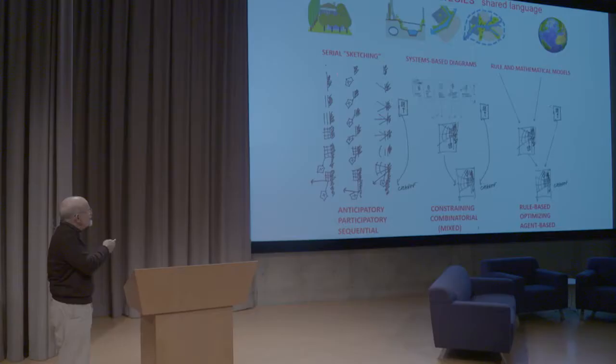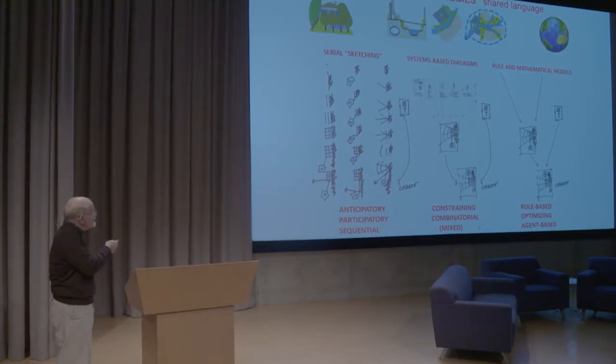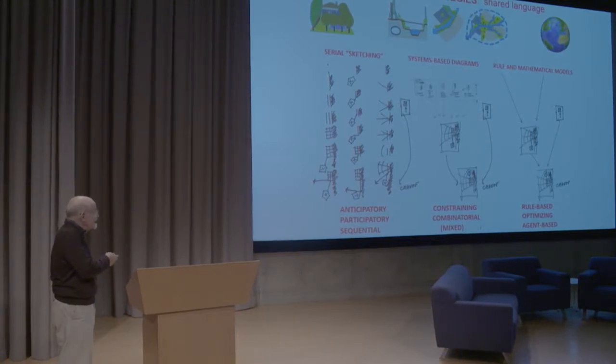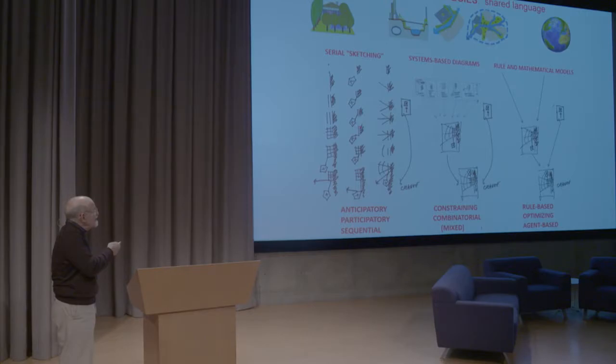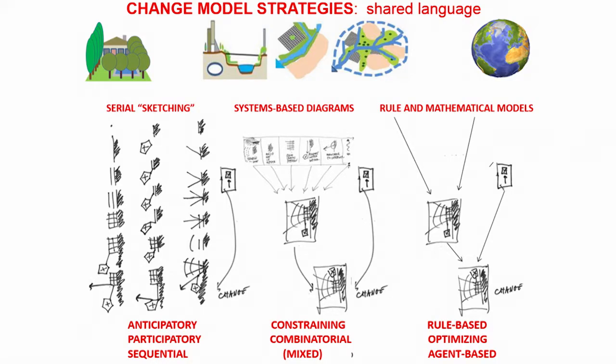The methods that they used were different. The methods for anticipatory, participatory, and sequential were basically serial sketching. I make my move, I make my second move, a third, fourth, fifth, and I come out with a design. If I vary the first move, the design might still look very similar, but it got there a different way. And I can keep the same move, vary the second move, and it might come out similar, but quite different.